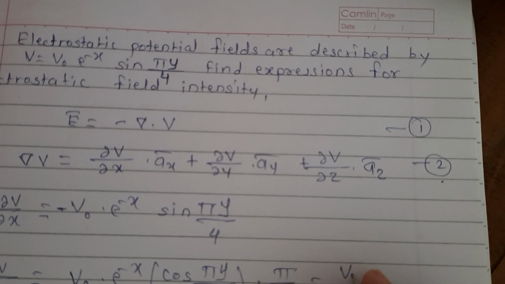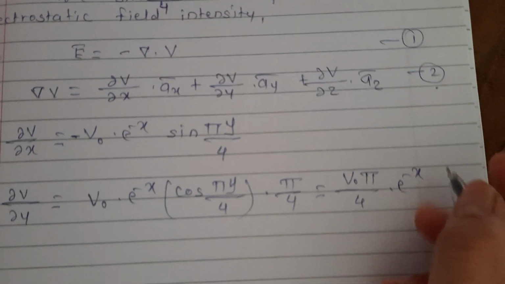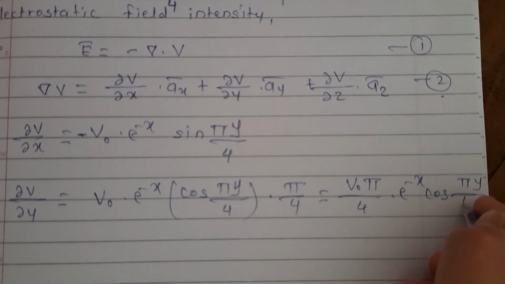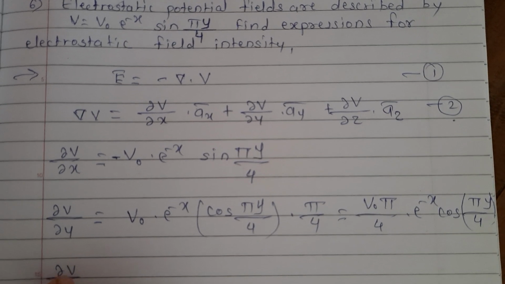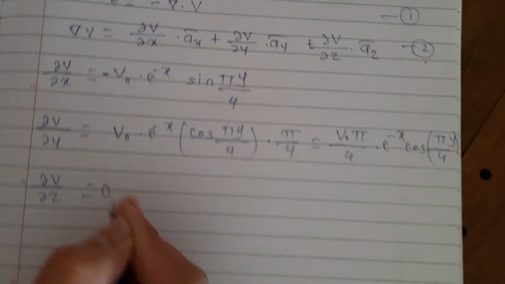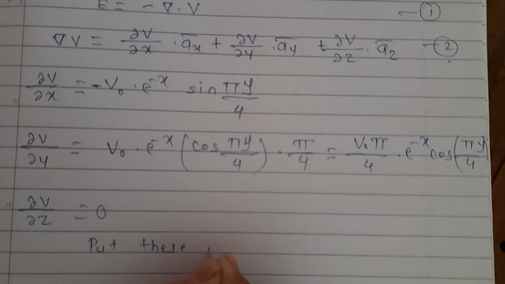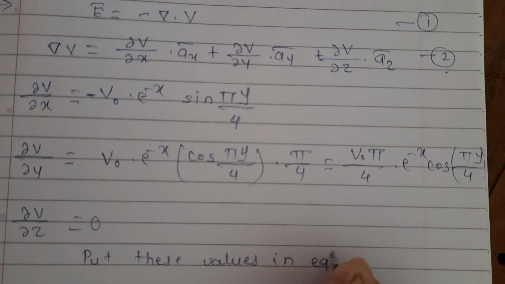So it is V0 pi by 4 e raised to minus x cos of pi y by 4, and dV by dz is 0. Now put these values in equation 2.